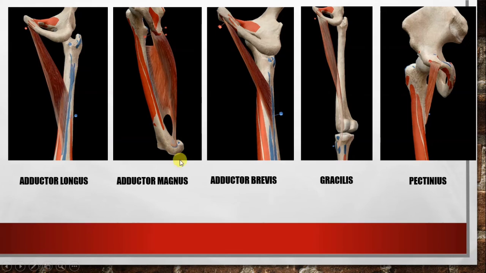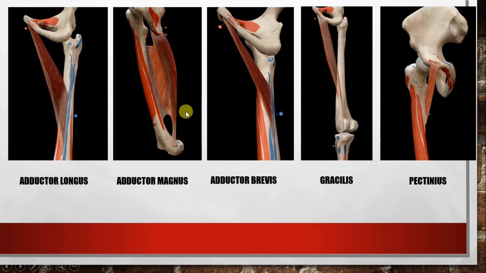So adductor magnus is also clinically significant because it forms, at the distal end, an attachment first to the linea aspera and then to the medial condyle of the femur. It forms a channel that we call the adductor hiatus.